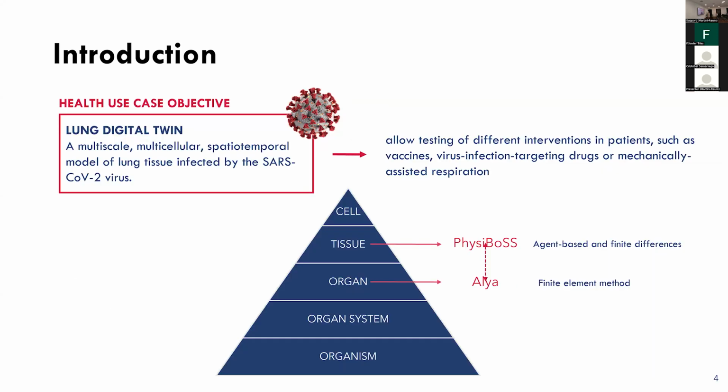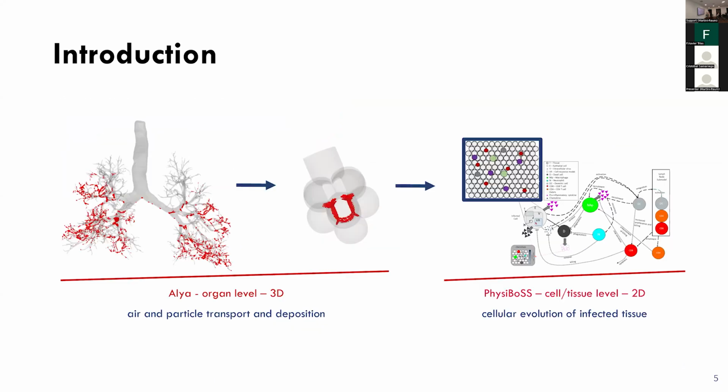Why multi-scale? Because to develop this lung digital twin model, we need to couple the cell tissue level with the organ level. And this allows us to test different interventions in patients: vaccines, virus infection, drugs, mechanically assisted respiration, and so on. This coupling, for the moment, is done in that way.